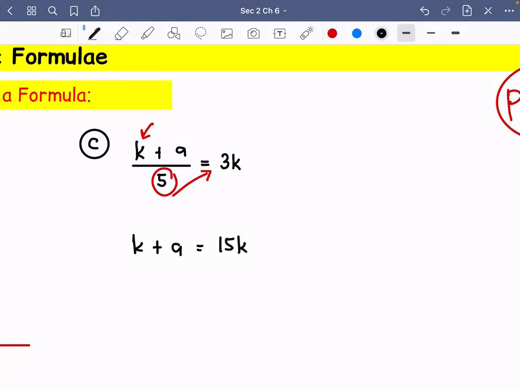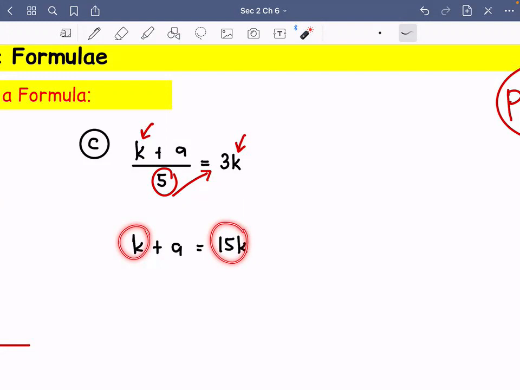All right, but take note, class. How many Ks do I have? I have 2, right? One here and one here. Now, the problem is they're on opposite sides of the equal sign. So class, remember this: if you have multiple variables, just put them together on one side.